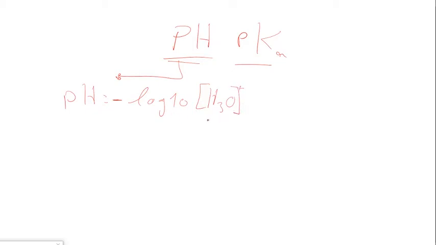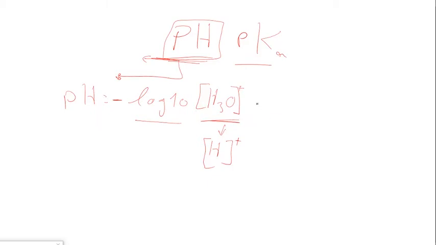We can also replace the H3O, like I said before, by H plus. So pH will be equal to minus logarithm of H plus. We could say that the pH is actually the negative logarithm of the concentration of protons in the solution.